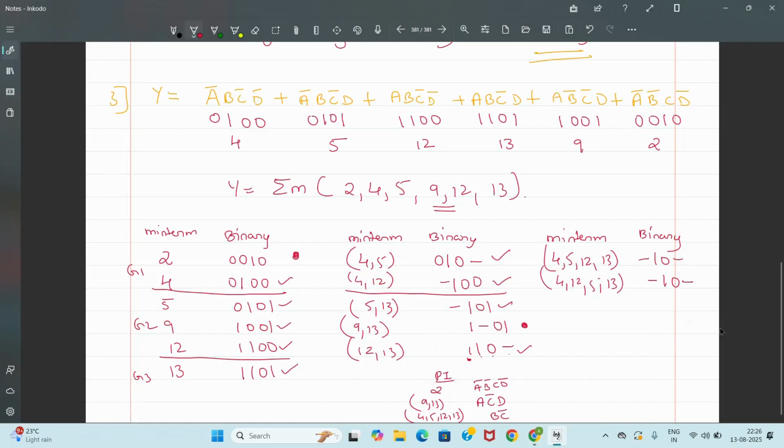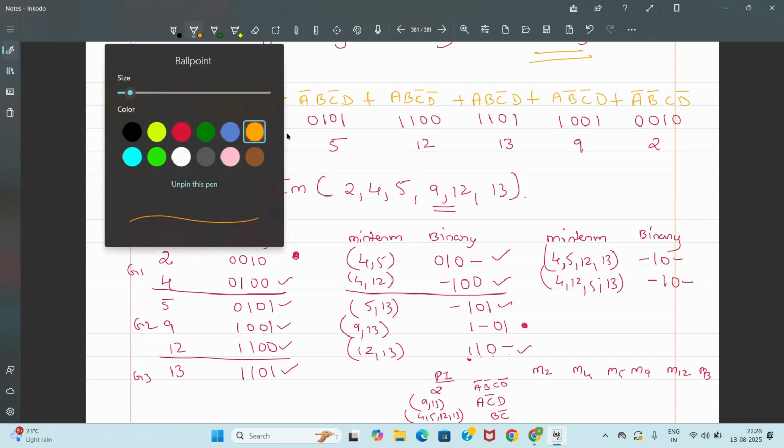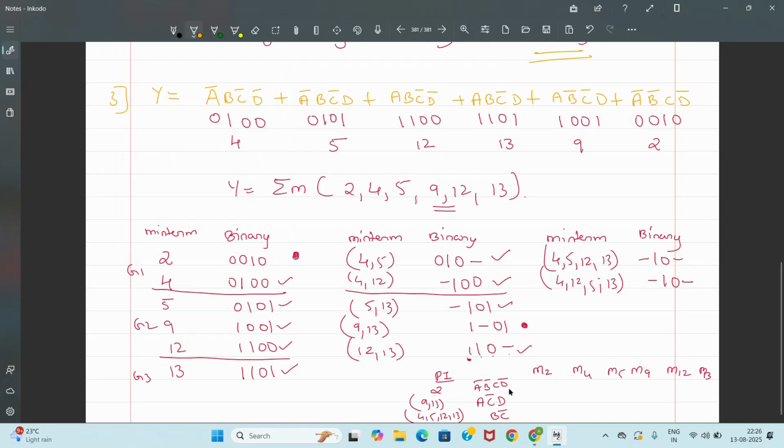You have three minterms now. Now we have to write down the given numbers: M2, M4, M5, M9, M12 and M13. For this I have only 2. Next 9 and 13.